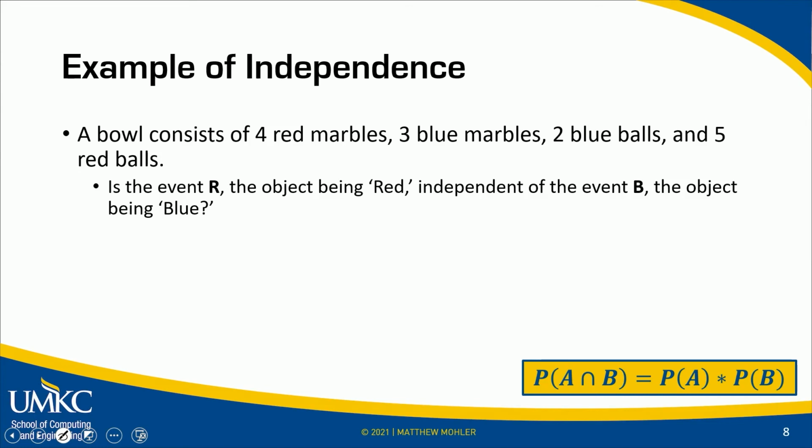But let's go ahead and plug these numbers into our equation just to raise our confidence level that this holds true. So if we look first at the probability of red intersected with blue, this is the probability that the object we pull is both red and blue. We can say very easily that that is equal to 0 out of the 14 possible outcomes.